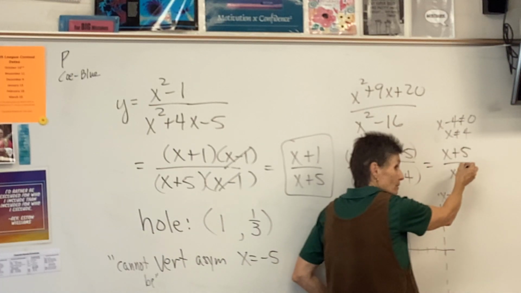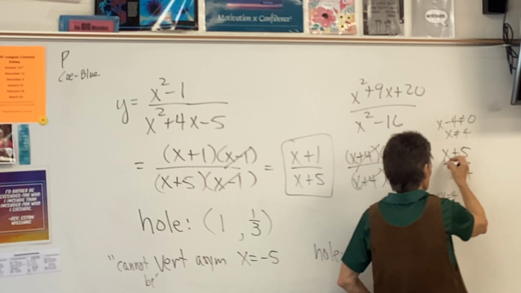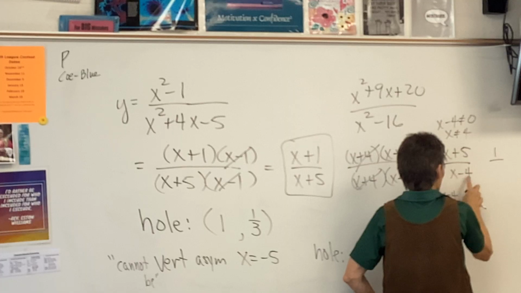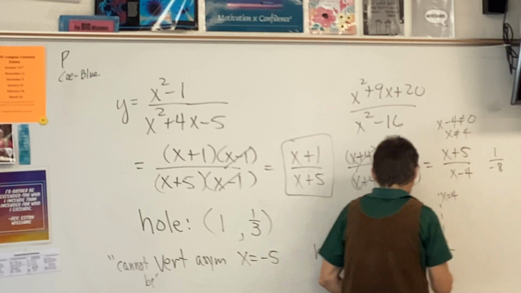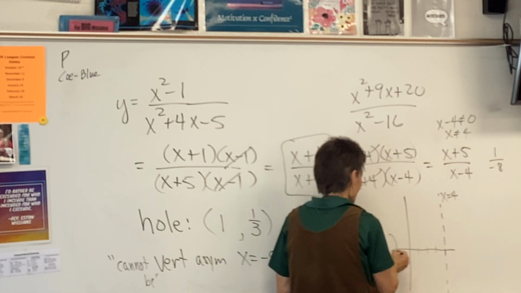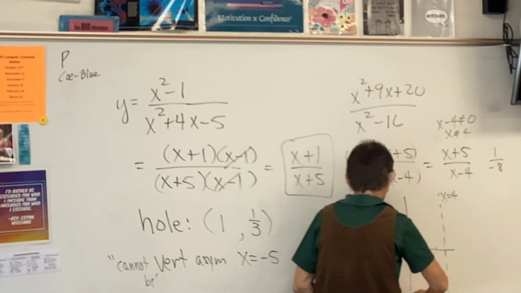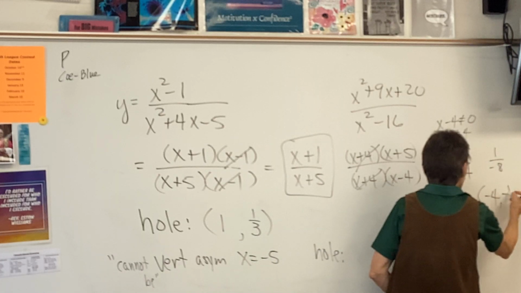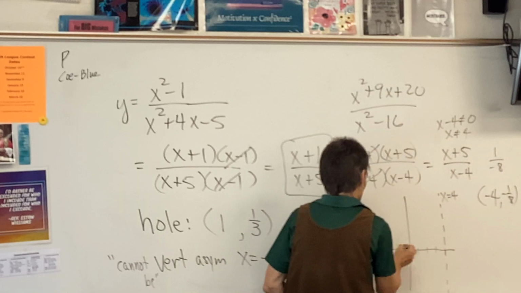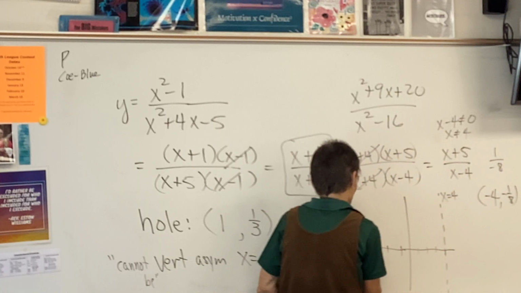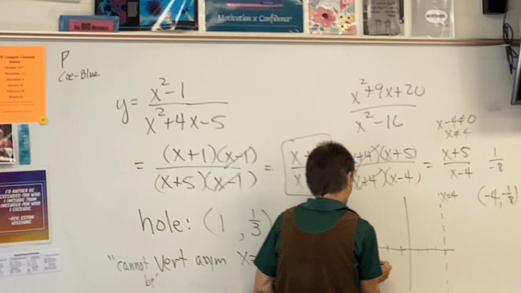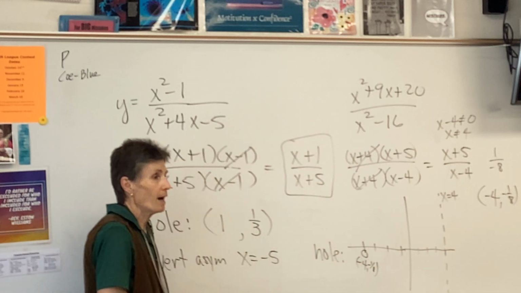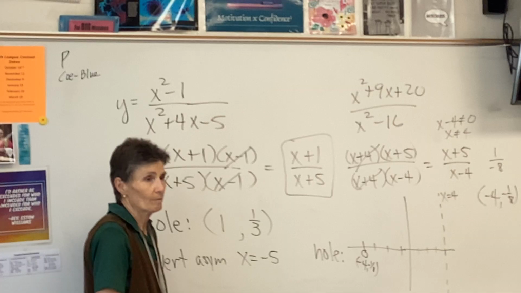Plug it in over here. So negative 4 plus 5 is 1. And negative 4 minus 4 is negative 8. So we have a hole at negative 4, negative 1 eighth. Open dot in your picture.